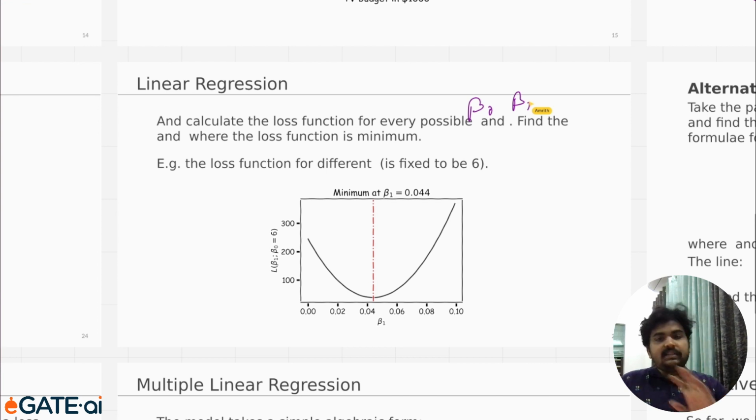If we do that, we just have to see which one gave us the minimum loss, and that basically tells us the function, which is the f hat.